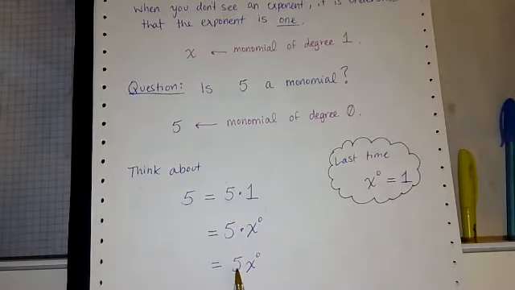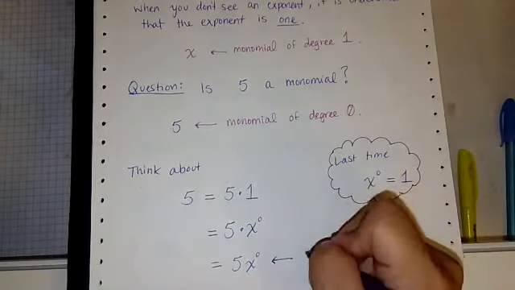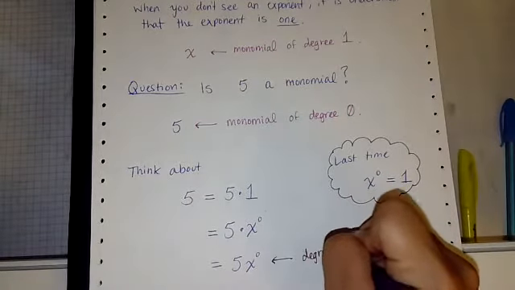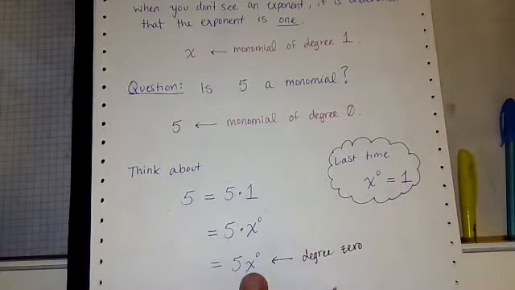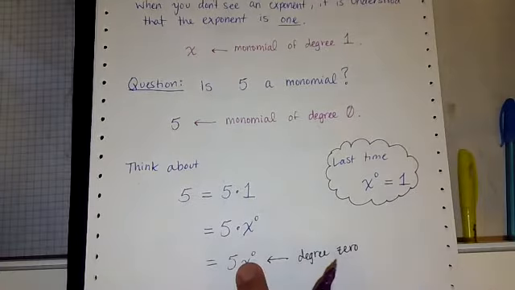Well, technically, this is still 5 times 1, since x to the 0 power is 1, and 5 times 1 is 5. So this is one reason why we can call 5 having a degree of 0. Because we can always multiply in x to the 0 power and it doesn't change the value, since x to the 0 power is the same as 1.